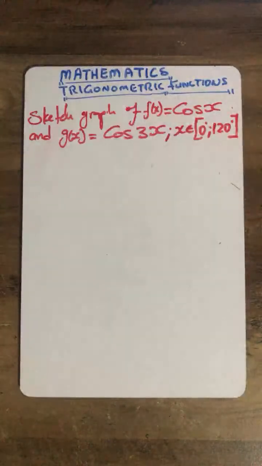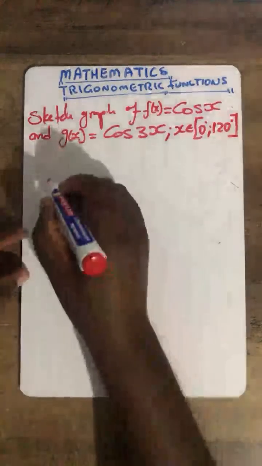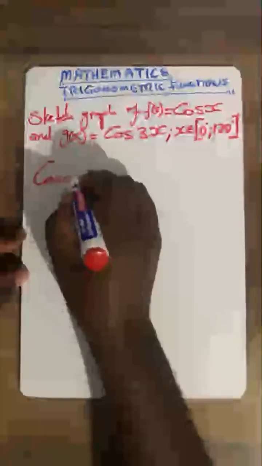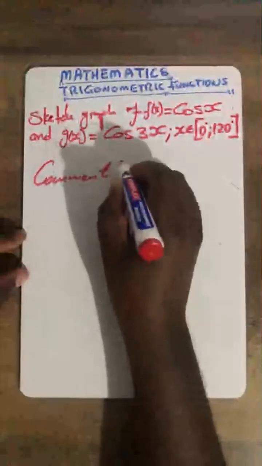So work out this one. That means what you are going to do, honorable members, is comment before the sketching, so that I know who has commented and is about to sketch. You're going to say the period is equal to whatever, and the critical values are equal to whatever.